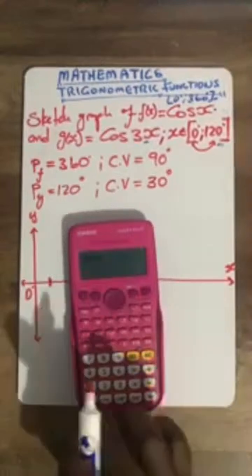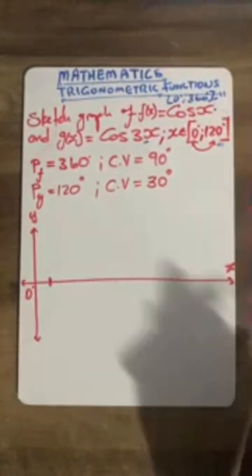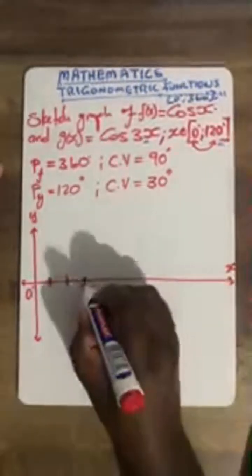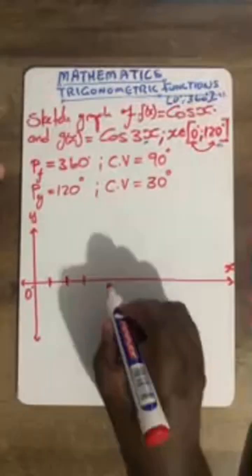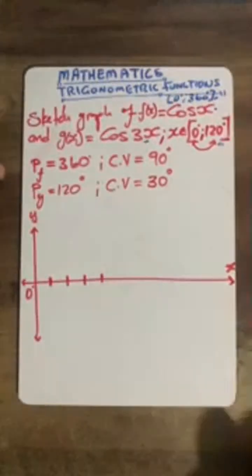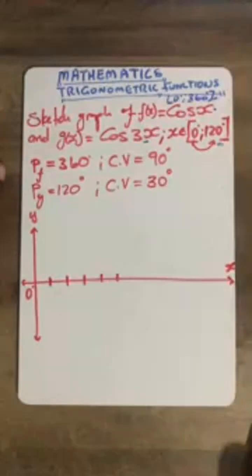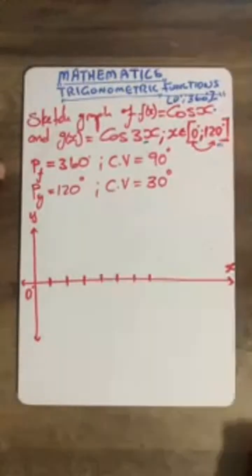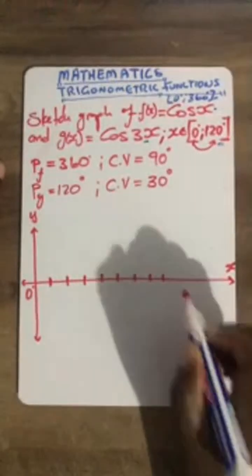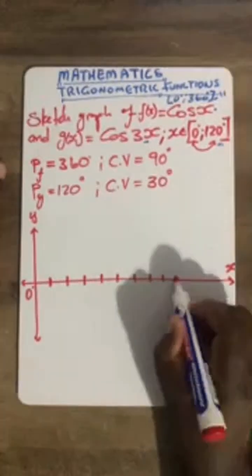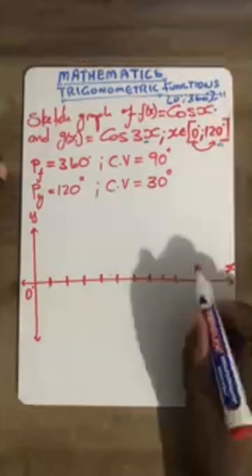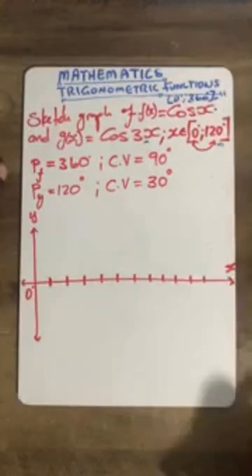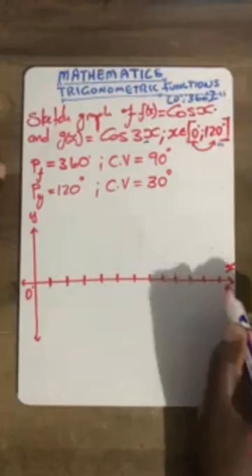This is going to be 30 plus 30, let's say 60 there plus 30, then we have 90 there plus 30, we have 120 there plus 30, we have 150 there plus 30, we have 180 there, and then 210, 240, 270, 300, 330, and lastly 360 there.